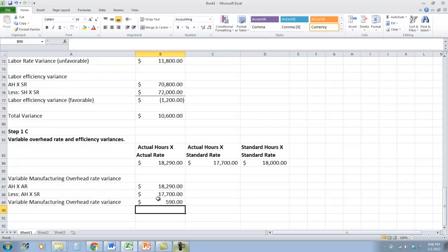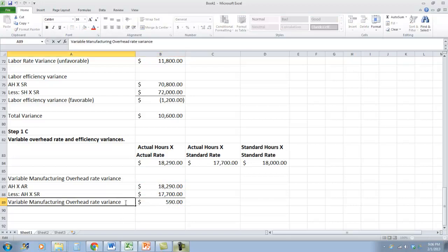So based on the rate, we paid $590 more than we had anticipated. That's unfavorable.